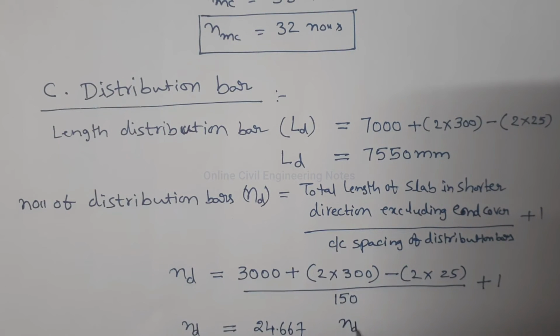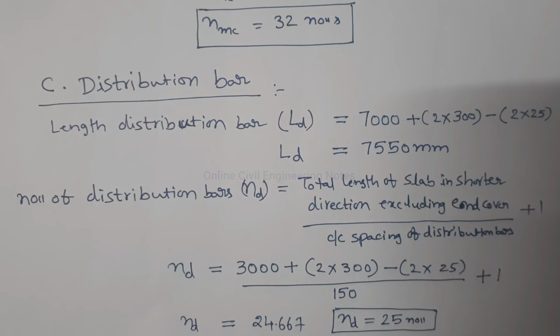You write it 25 number of distribution bars are to be provided in the longitudinal span direction.